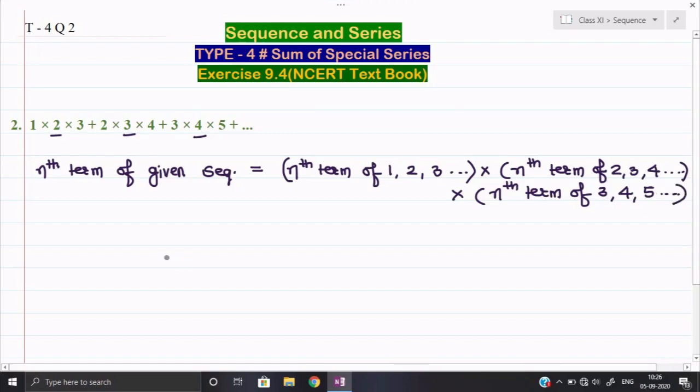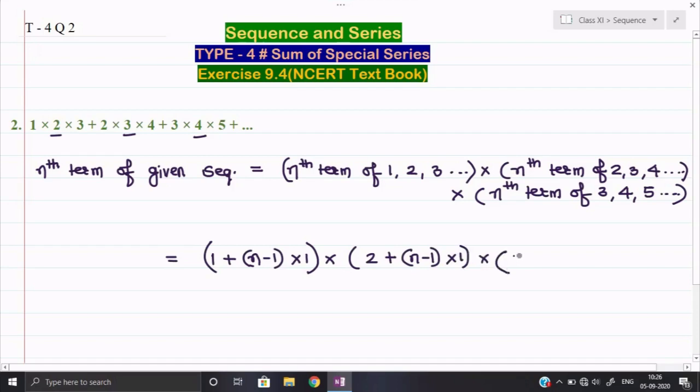Now first we shall find the nth term of 1, 2, 3, that will be 1 plus n minus 1 into 1. This is the first value, into the second one, 2 plus n minus 1 into 1, because the common difference is the same everywhere, only the first term is going to change.